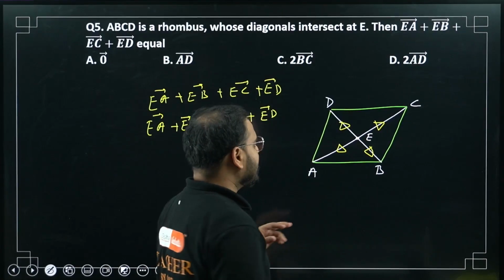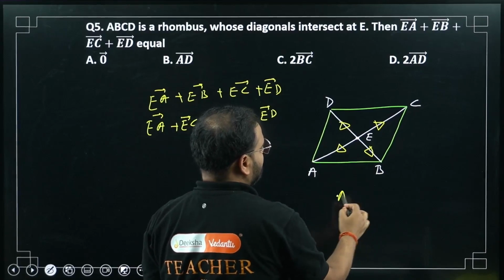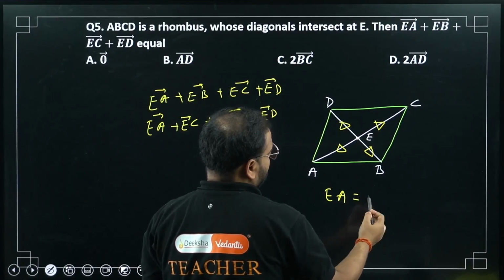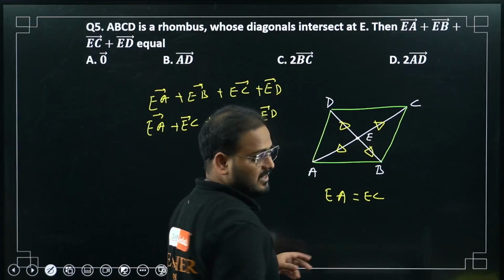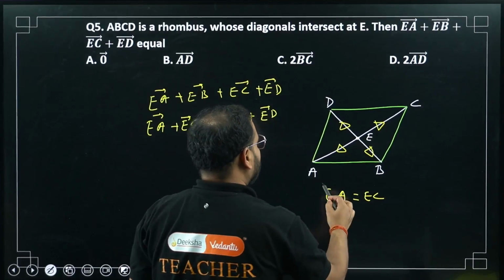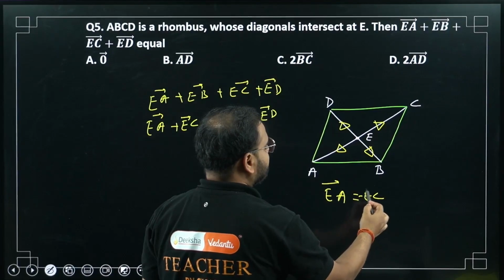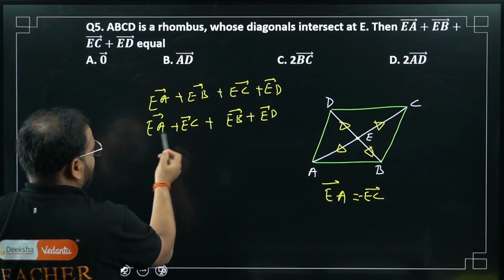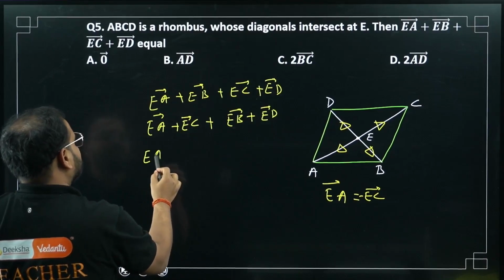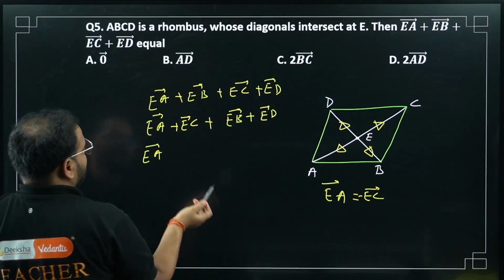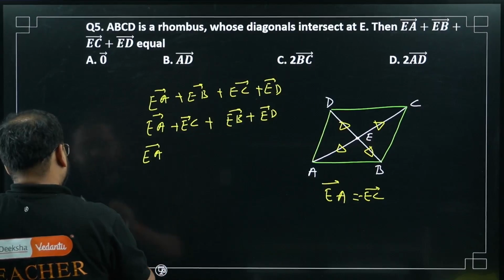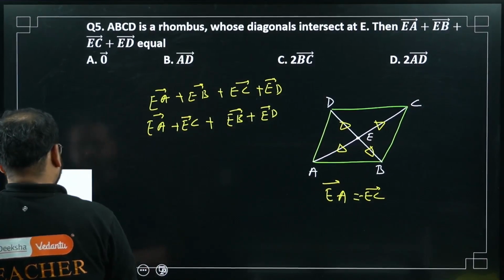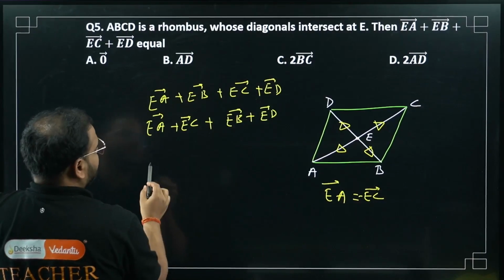It means EA length is equal to EC length. What about the vectors? EA is equal to negative of EC, opposite sign. So I can write EA as negative of EC.